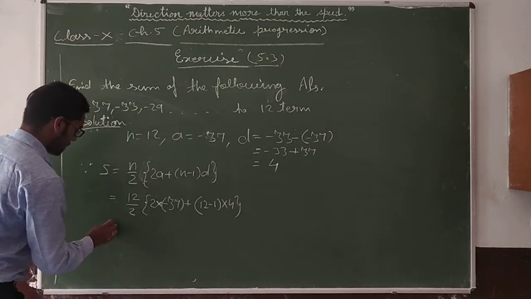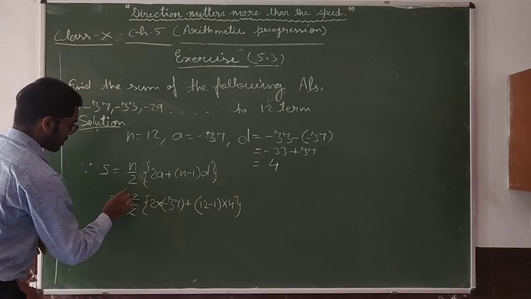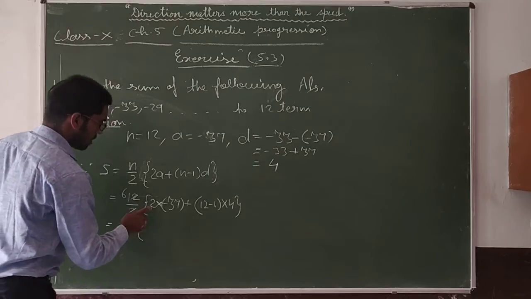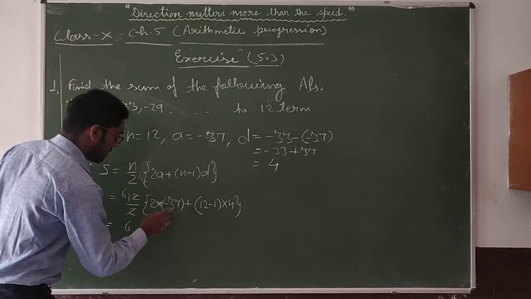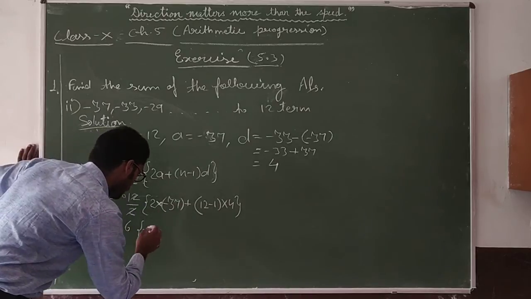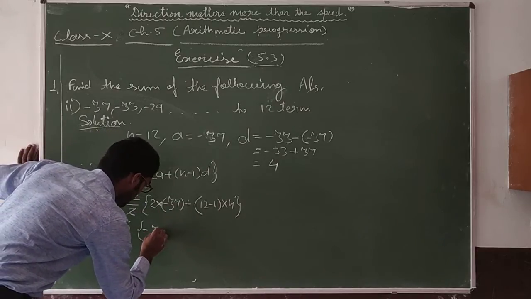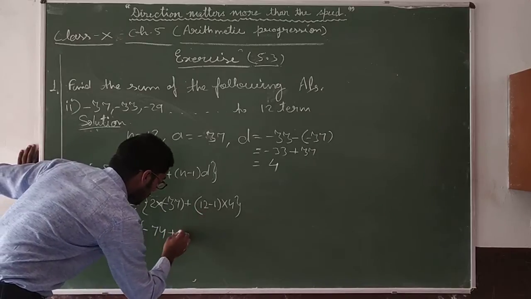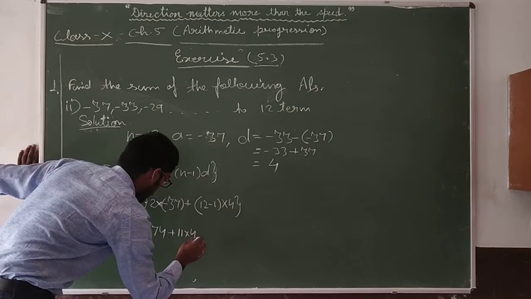Close the bracket. 2 under 2, 2 sixes are 12, so 6. Plus into minus means minus, 37 twos are 74, plus 12 minus 1 means 11 into 4.